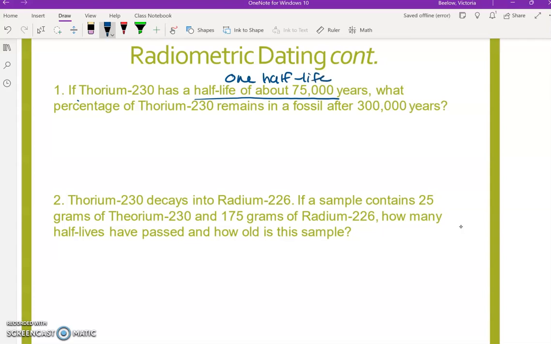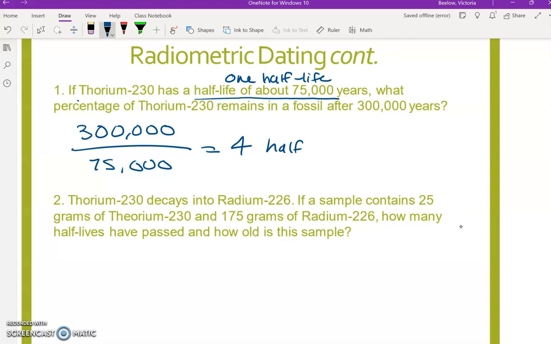So I'm going to take that number, the 300,000, and divide that by 1 half-life so I can figure out how many half-lives have passed. So this is 4. So this means that 4 half-lives have passed.